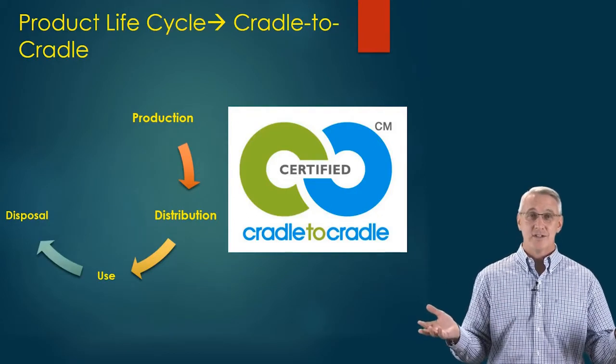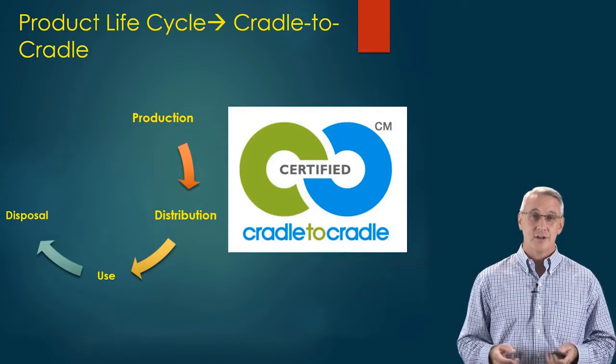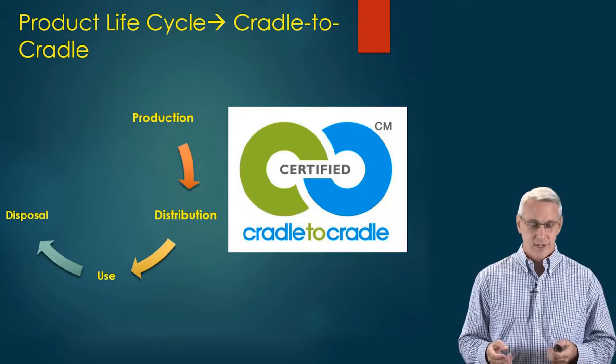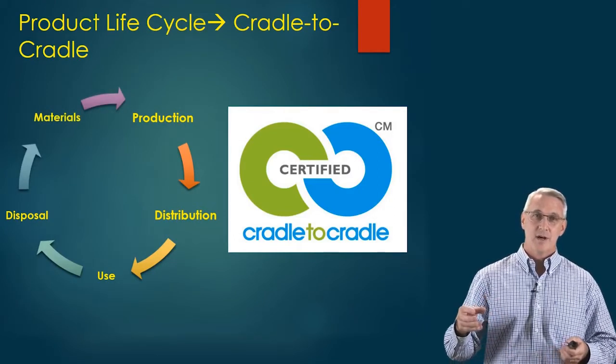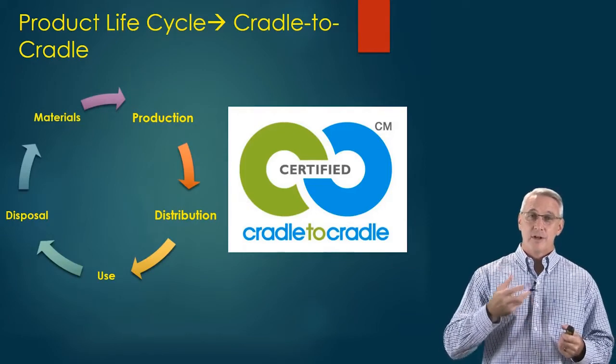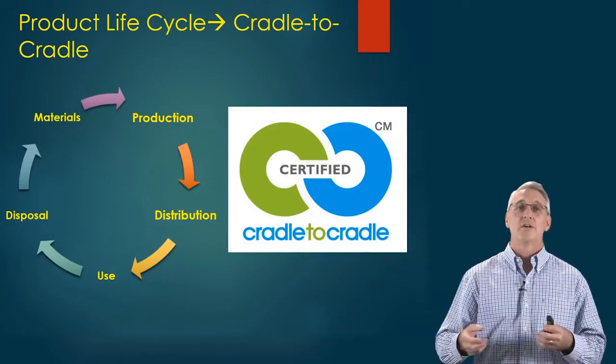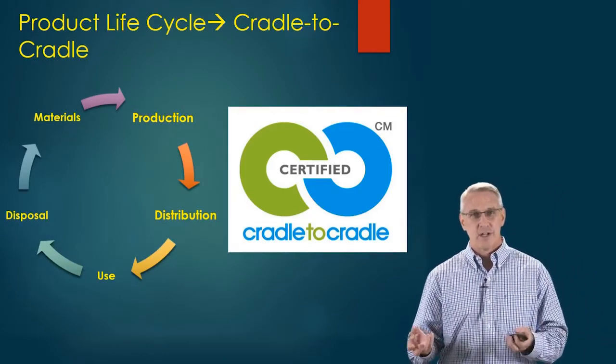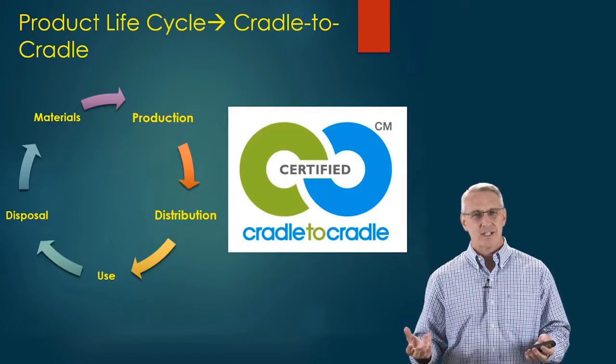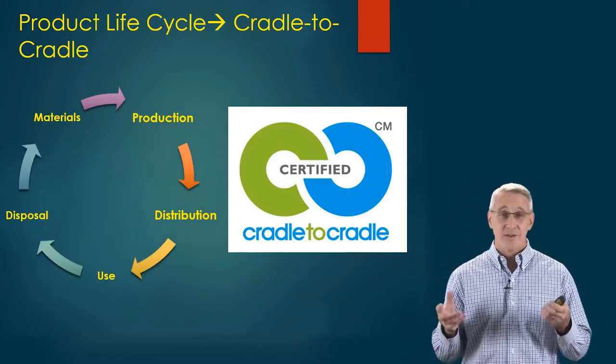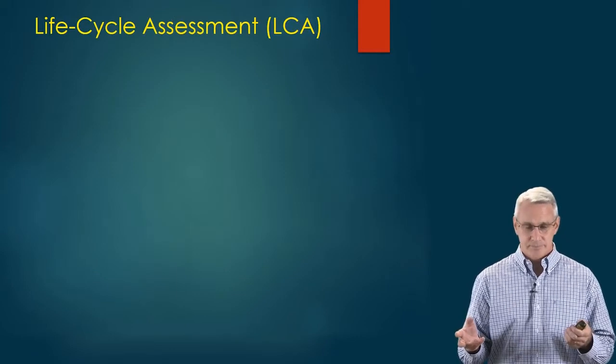And then that's the end of it. So you can see how that literally looks like an open loop cycle. We need to close that loop so that disposal becomes retrieval back into materials that then can go back into production. And that's, again, an ideal case, but it's not the whole story, but it's definitely a step in the right direction.